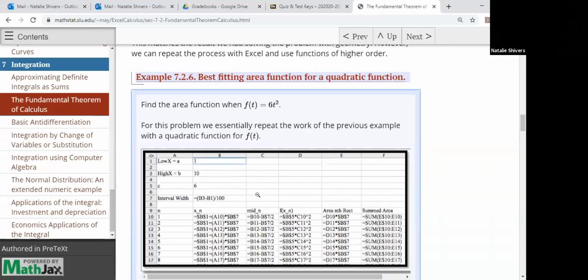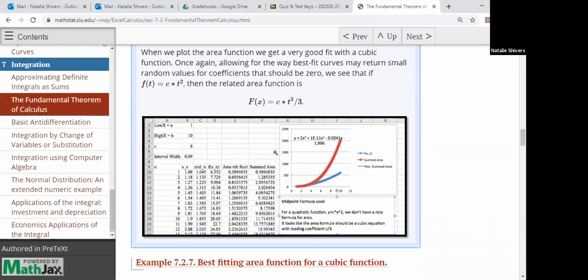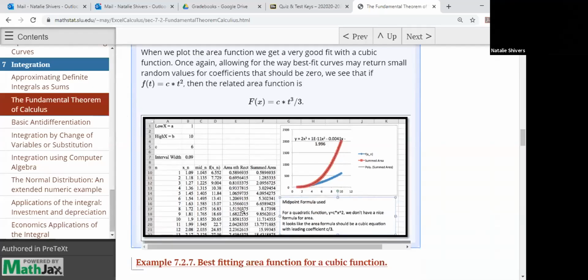Notice that their interval width is not the same as mine. So we're going to, again, follow the same thing that I got. So we never know what the answer is from the textbook, okay? They want you to look at this graph, which doesn't apparently get much larger, but I can make it a little bit larger, I believe, here.